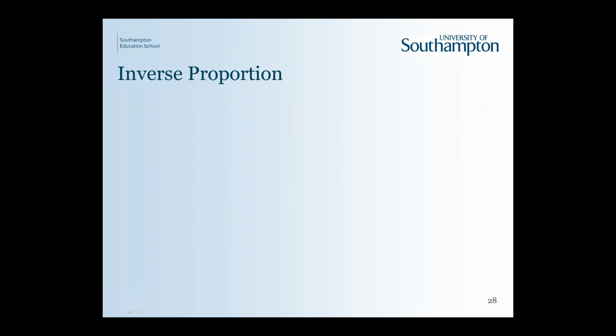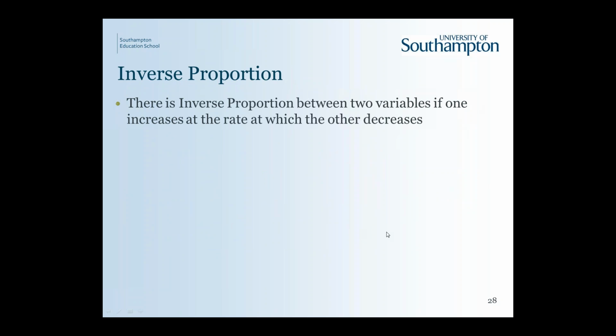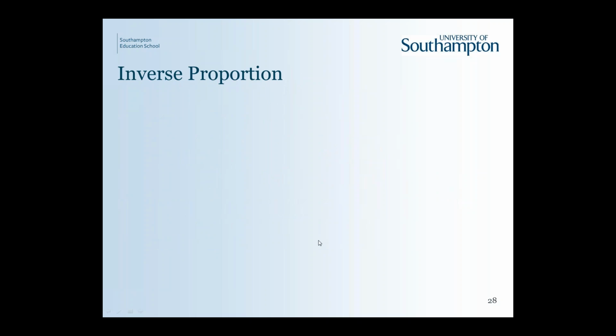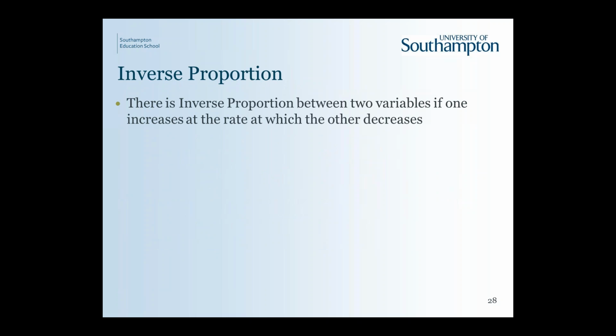Right, inverse proportion. So all the ones you've been talking about before, as one thing increases, the other increases. And that's why, when I was talking about this should always be bigger, that is definitely the case because it is directly proportional to it. If it's inverse proportion, then as one increases, the other decreases.